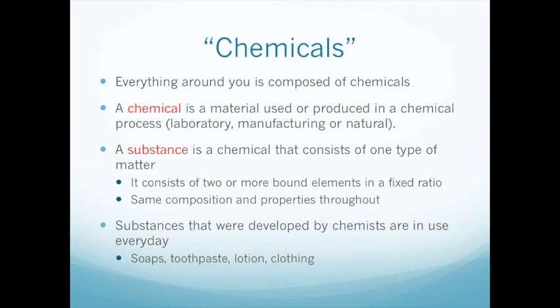If it consists of two or more bound elements, then it is a molecule. But regardless of the fact that it contains bound elements, it's still one substance, and it has the same composition and properties throughout. Substances that were developed by chemists are in use every day, things like soap, toothpaste, lotion, clothing.